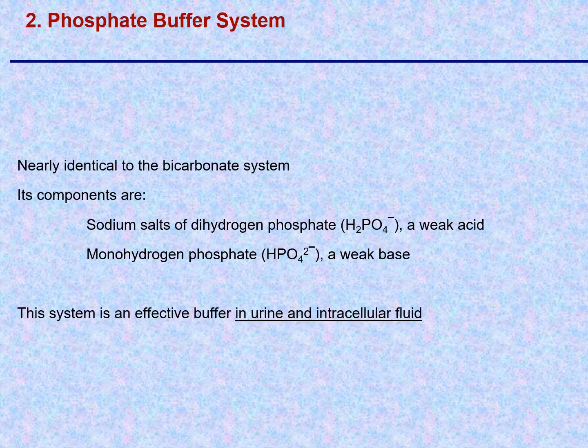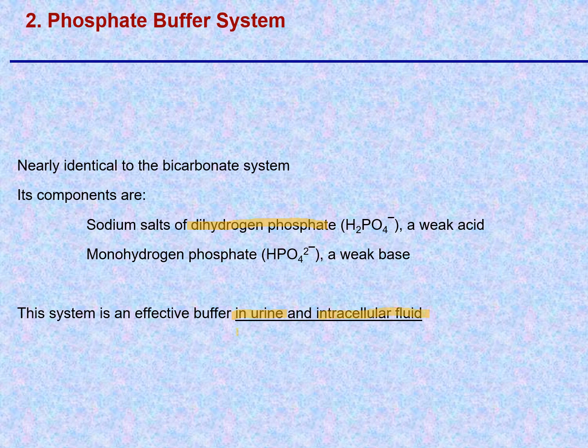The phosphate buffering system acts similar to the bicarbonate system. Its components include sodium salts of dihydrogen phosphate, which is a weak acid, and monohydrogen phosphate, which is a weak base. And this is an effective buffer which acts in the urine and in the intracellular fluid.